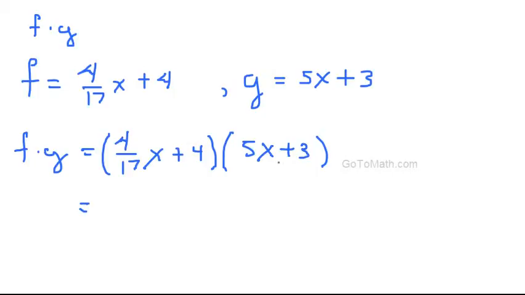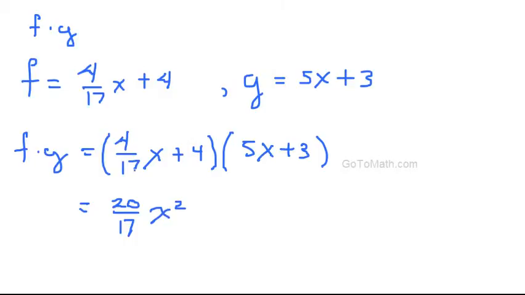Okay, so the first terms, we're going to multiply them together. So we have 4/17 times 5x, that's going to be 20/17, right? 20/17, and then that'll be x squared.